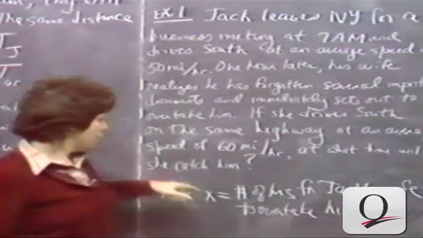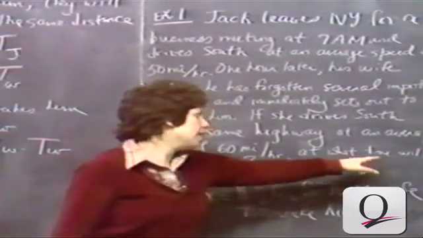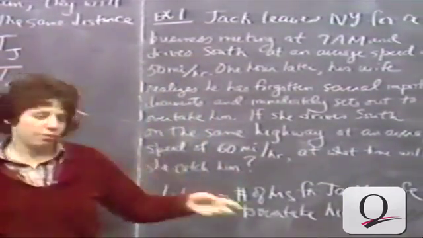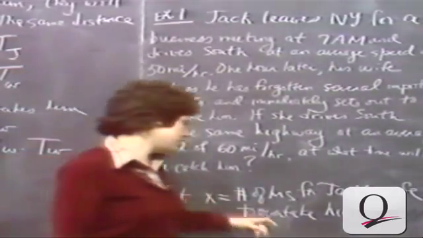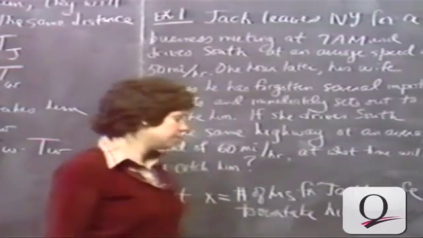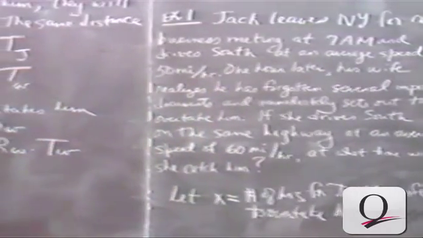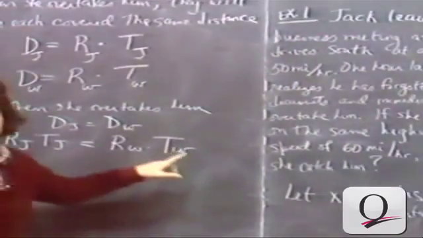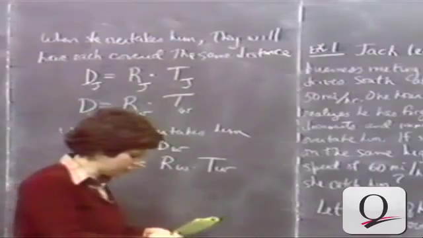At the end, we'll figure out the number of hours for Jack's wife to overtake him, and then we'll figure out at what time she actually catches him. But right now, we're going to be looking for the number of hours that she'll have to travel before she overtakes him. From this variable x, we're going to find tj and tw, the time that Jack is traveling, the time his wife is traveling.